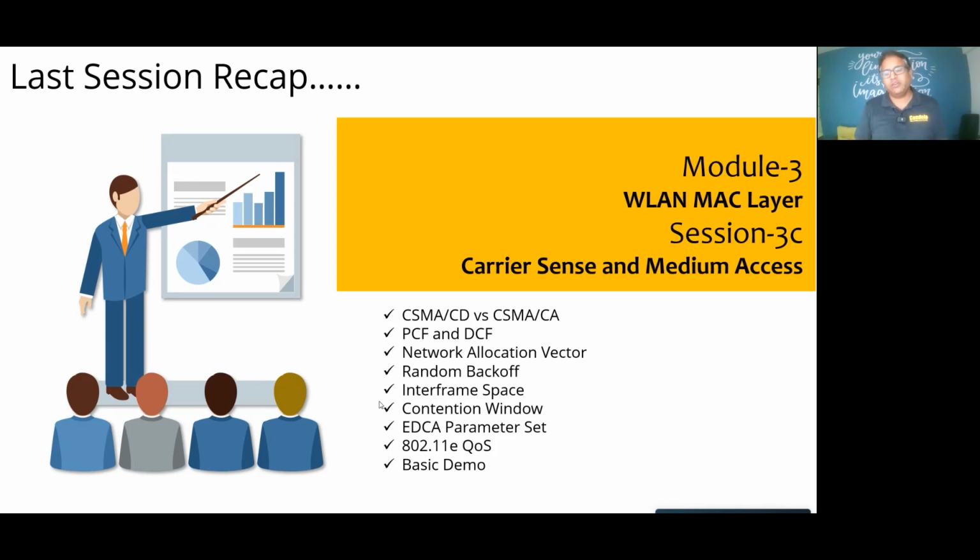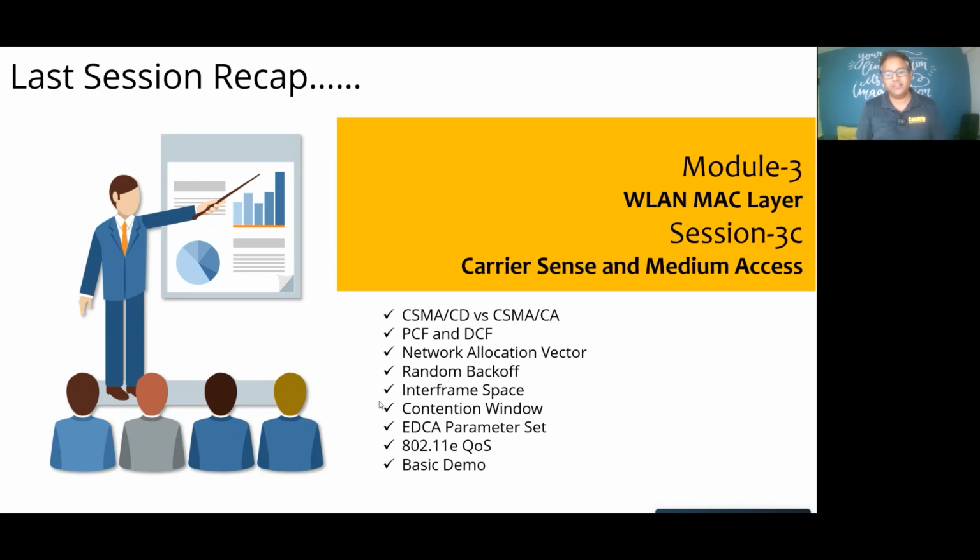We talked about the enhanced distributed channel access, EDCA, parameter set, where if the device wants to do QoS, we can again use the concept of contention windows and interframe spaces to create QoS, or quality of service, on the wireless link.